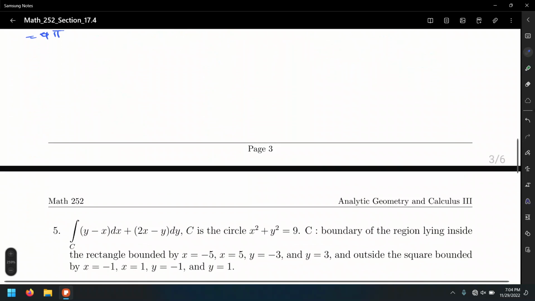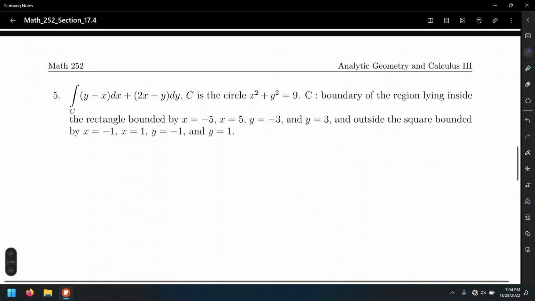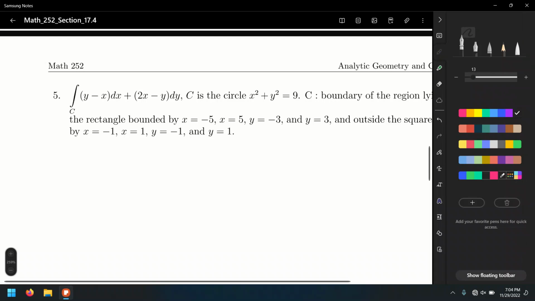Let's do another one. So we have this line integral of y minus x dx plus 2x minus y dy, where C is a circle, again, a circle of radius 3. It's the same circle. Oh, wait a minute. No. There's a little typo here.